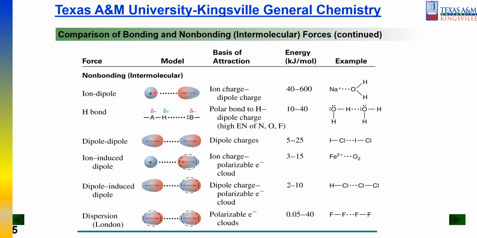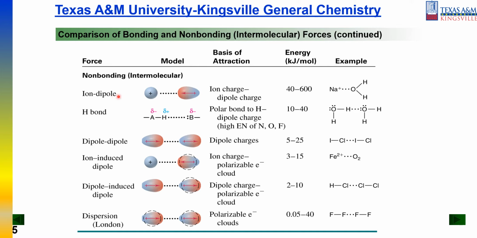If you have a positively charged ion and a polar molecule, the positively charged ion and the negatively partially charged end will attract each other. The basis of the attraction is the ion charge to the dipole charge. This energy is much weaker, 40 to 600 kilojoules per mole.